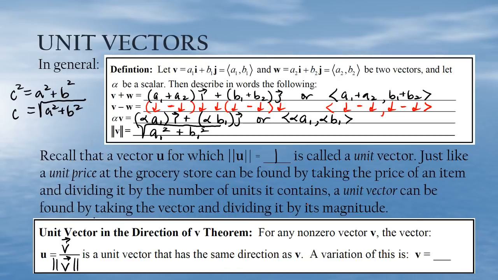A variation of this would be if I were to take this little definition and just move some things around. In other words, try to get vector v by itself. I'd multiply both sides by the magnitude. So I would say that vector v can be rewritten as vector u times the magnitude of vector v.